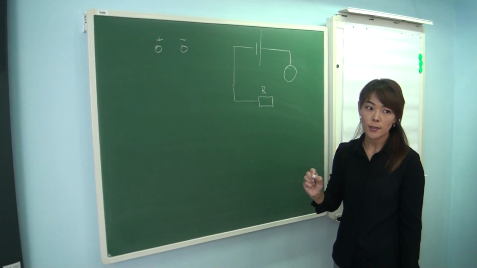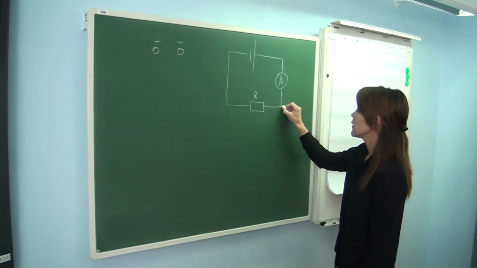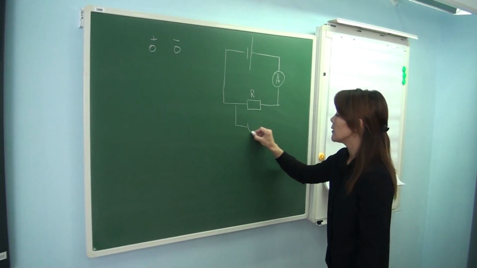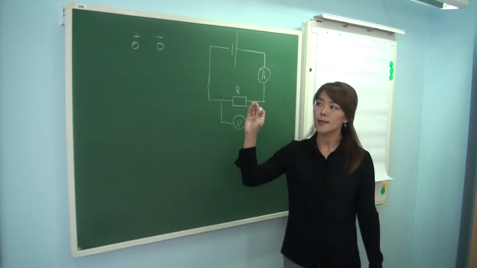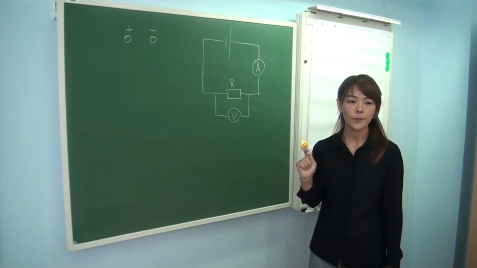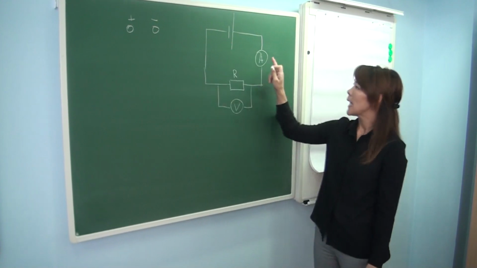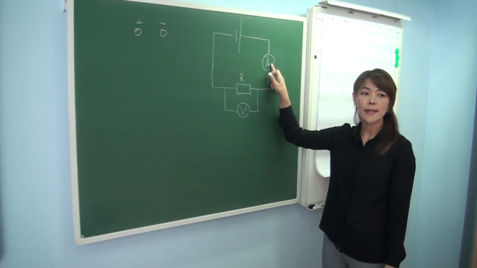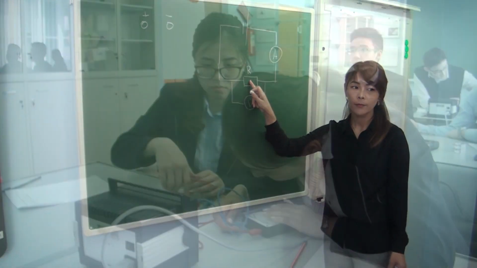In series in the circuit is the ammeter, then the voltmeter connected in parallel to the resistor. Please connect this simple circuit: DC supply, ammeter connected in series, then resistor.